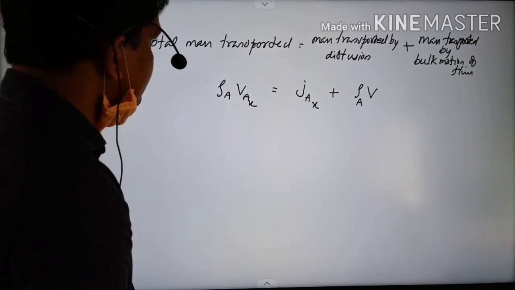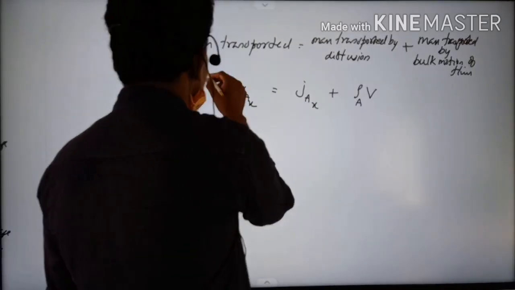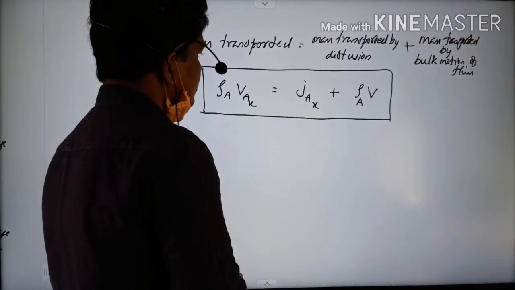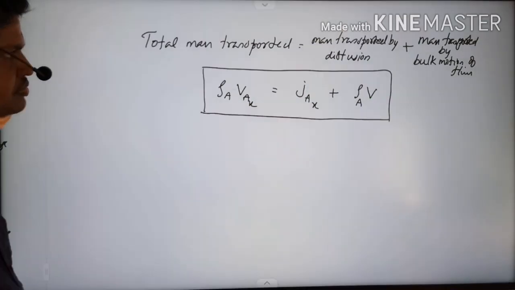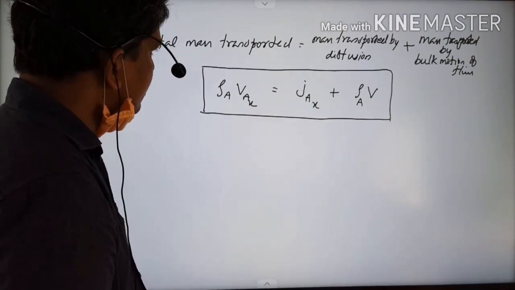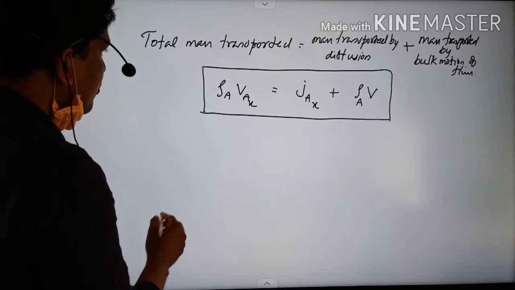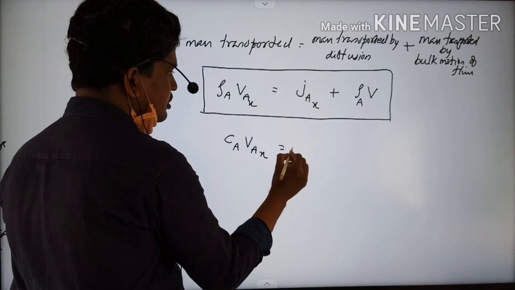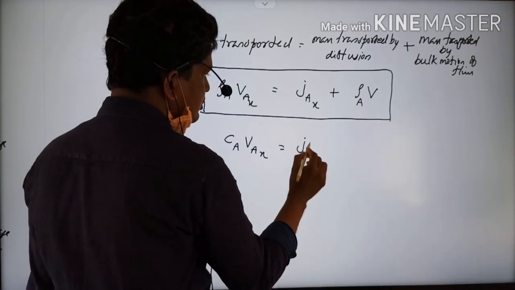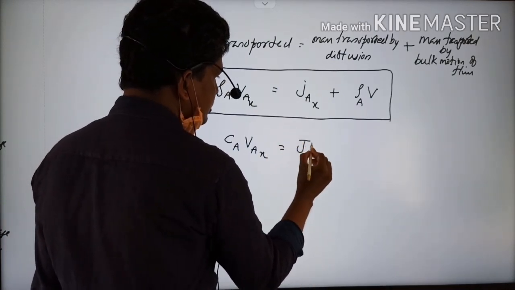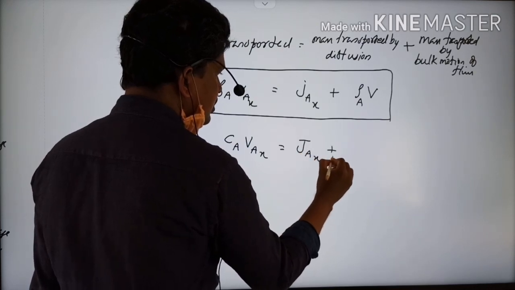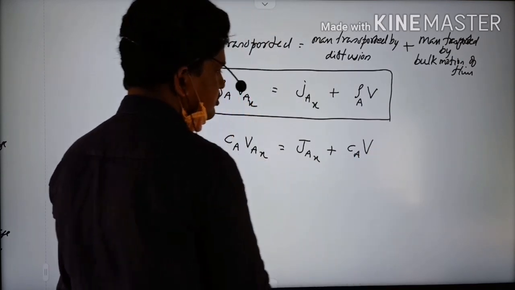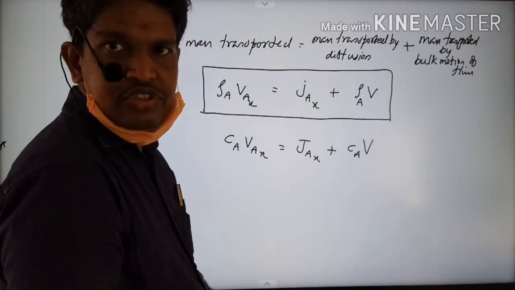Okay, the same expression. Similarly, we can write it on the molar basis: CA VAx is equal to capital JAx plus CA into V, where V is the molar average velocity.